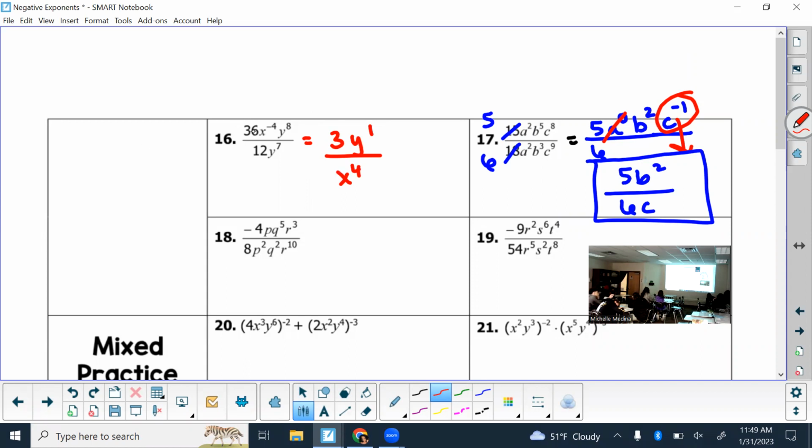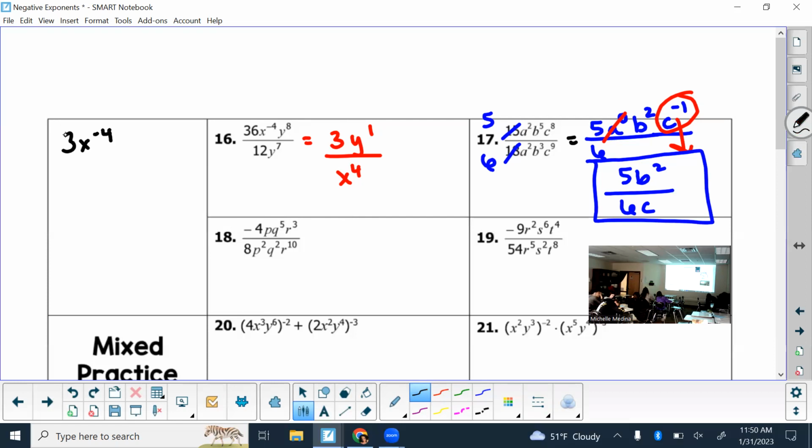So let's see, 36 divided by 12 is 3. So yeah, that could stay in the numerator because 3 would have a positive exponent. X to the negative 4, there's no x in the denominator, so that moves. Or I mean, it's still x to the negative 4, but then it will move once we start moving stuff. So here, I'll write it off to the side.